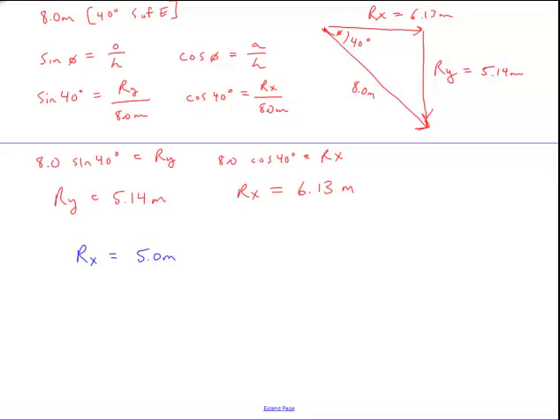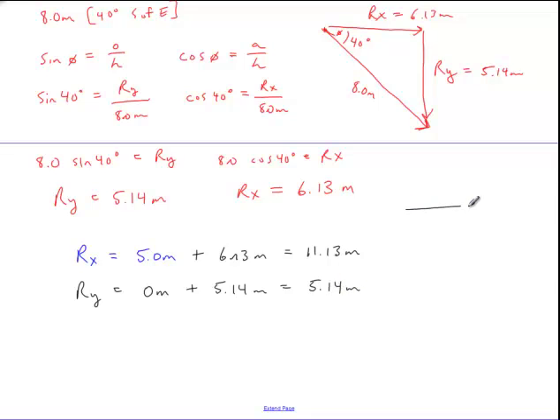So we go 5 meters, and then we add 6.13 meters, which gives you 11.13 meters in the x direction. In the y direction, remember we go 0 meters, but then we add 5.14 meters, which gives you 5.14 meters.